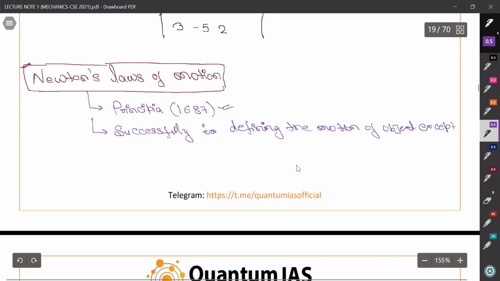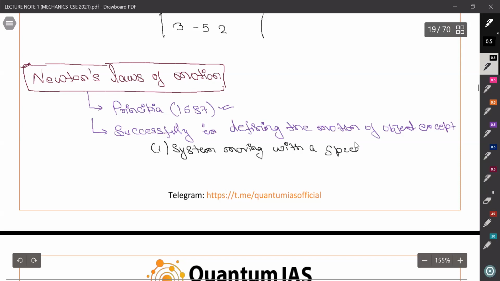except two things came. First one, when a system is moving with a speed comparable to light.